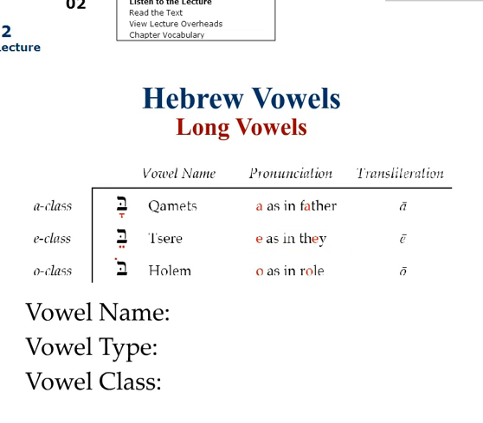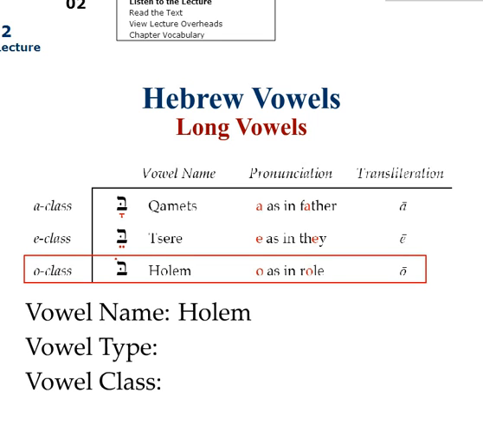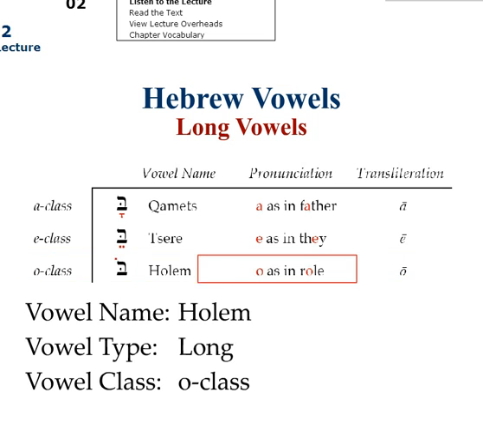The third vowel in this category is holem. That's the name of the vowel, holem. The type is long. The class is O class, and the sound of a holem is O, as in the English word roll.